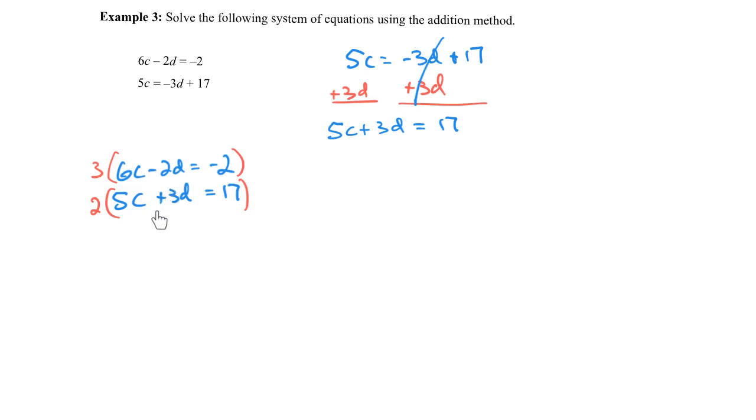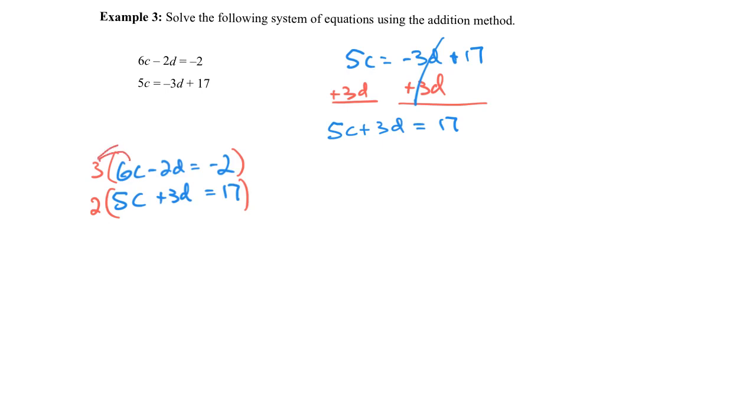So I have negative 6d and 6d, so those will cancel. So I focused on the d. You could also focus on the c. Like I could have multiplied this one by, say, negative 6, and this one by positive 5 to make a 30c and a negative 30c, which would also work. But I'm just going to pick these to get rid of the d.